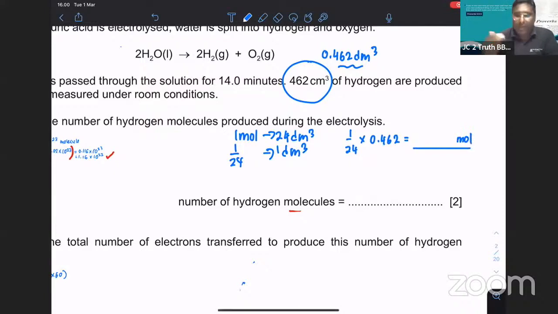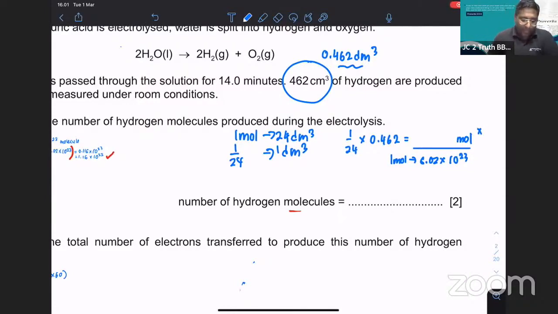Once you calculate the number of moles of hydrogen, to find the number of hydrogen molecules you still need to times, because every 1 mole contains 6.02 times 10 to the power of 23 molecules. Sorry, 23. You need to times with this number, the Avogadro constant.